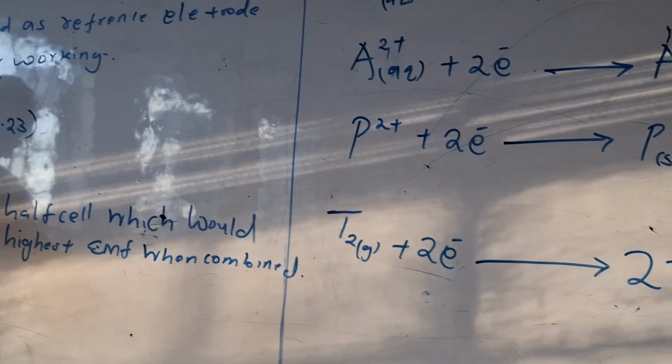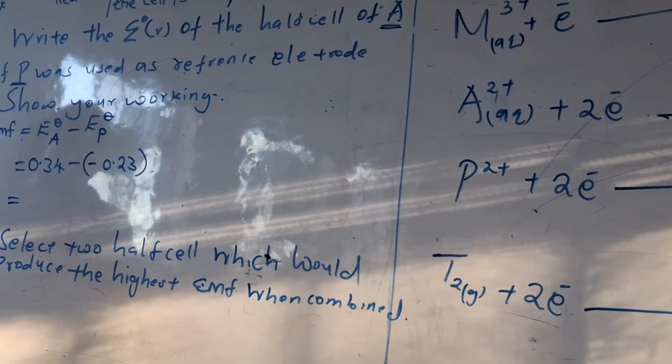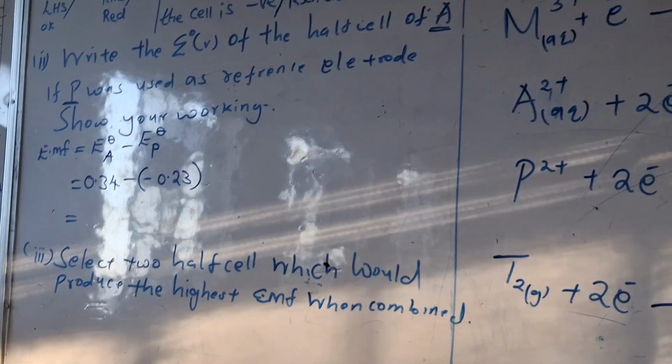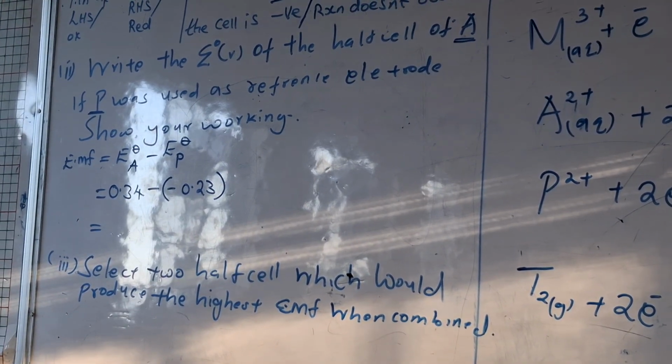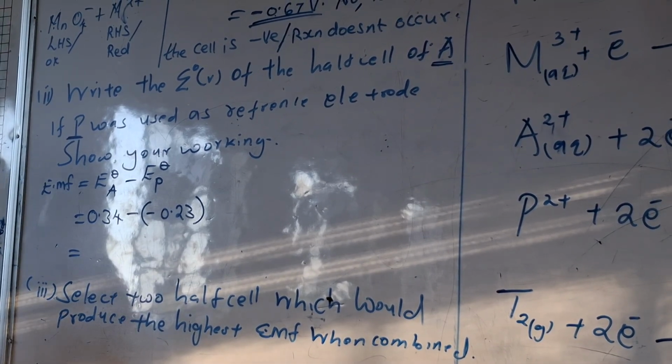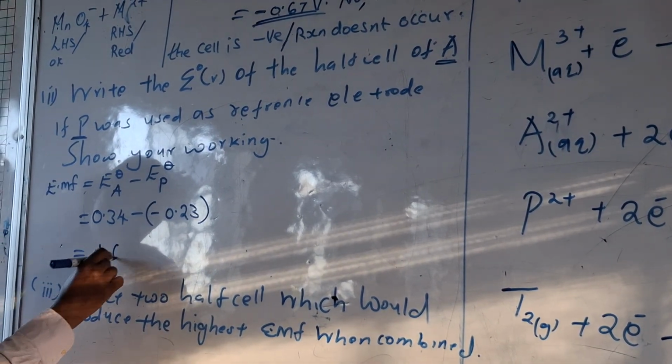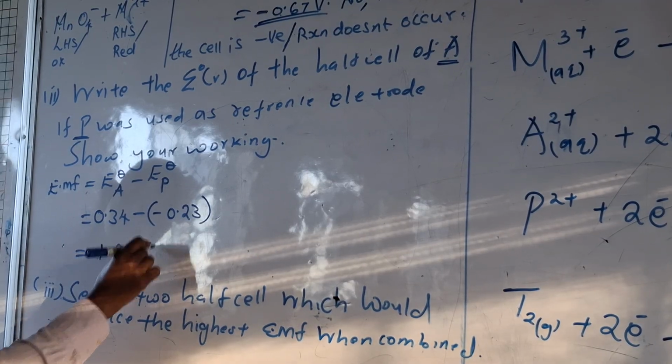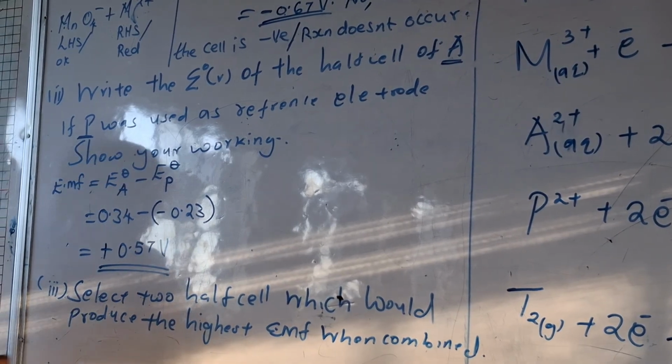Are we together? 0.34 minus negative 0.23. What do you get? Positive 0.57 volts.